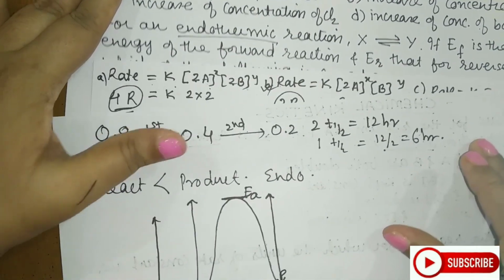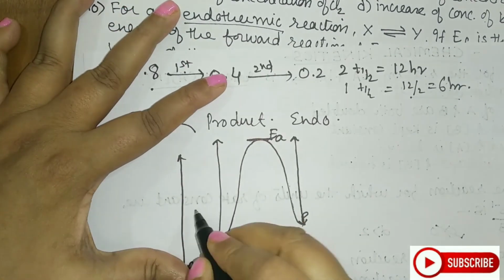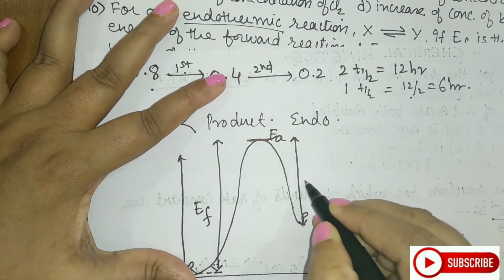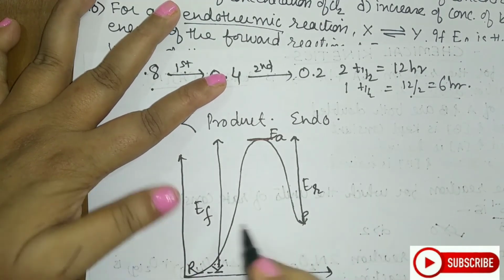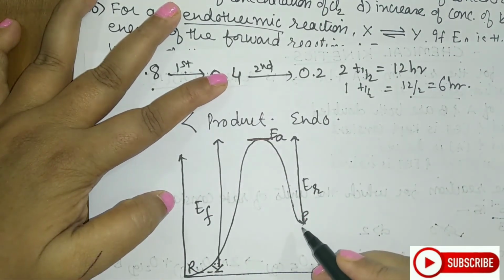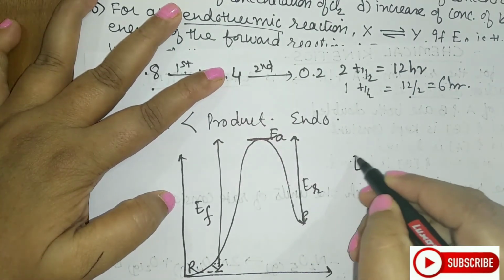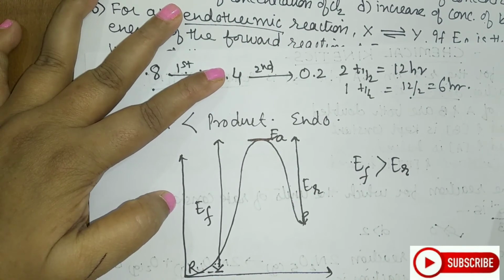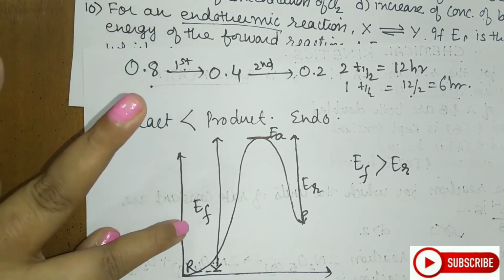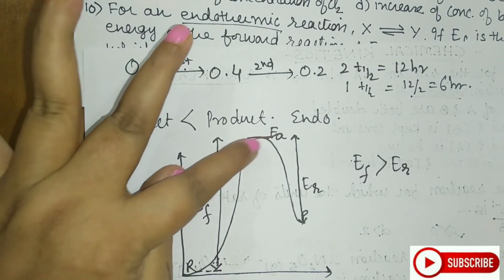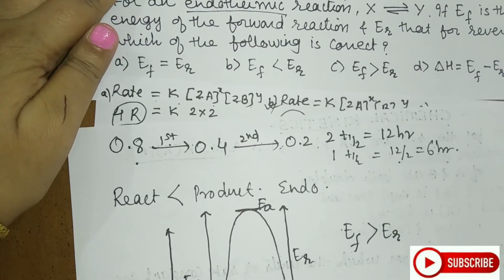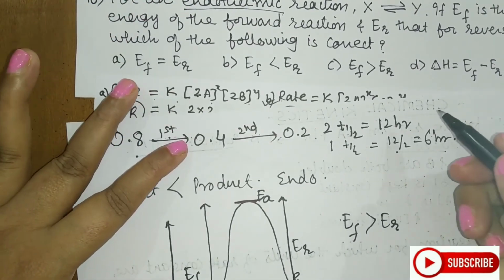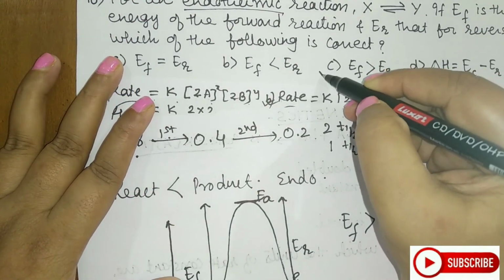EF is the activation energy of the forward reaction. Means this is your EF and this is the ER. If you compare the lengths of what I have shown here, EF is more than ER. So the activation energy for the forward reaction is more as compared to that of the reverse reaction. So here your answer is the third option.